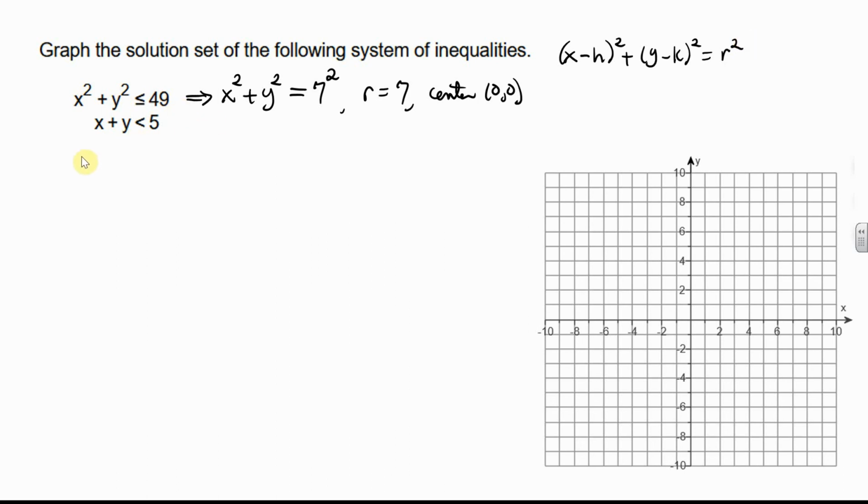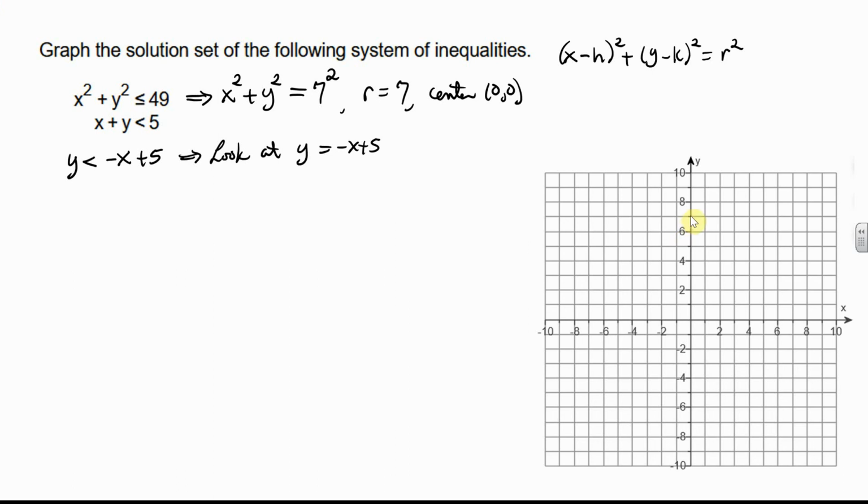And then for the line, we have y is less than negative x plus 5, and so we look at y equal to negative x plus 5 to draw the line. So we can start with the circle. So the circle is the origin, the center is at the origin, and the radius is 7.